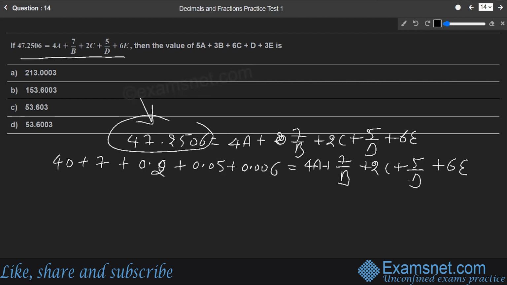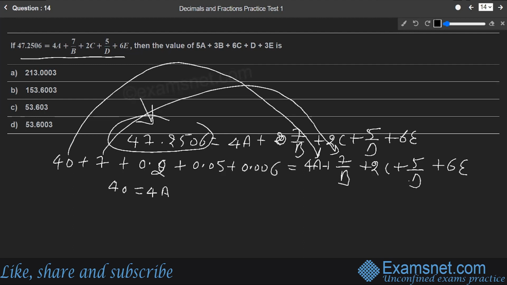If we do that, we can clearly identify that 40 is equal to 4a. So this 40 is being compared with 4a, which will give a as value 10. Then the next term to be compared is 7 by b is equal to 7, which will give the value of b is equal to 1.